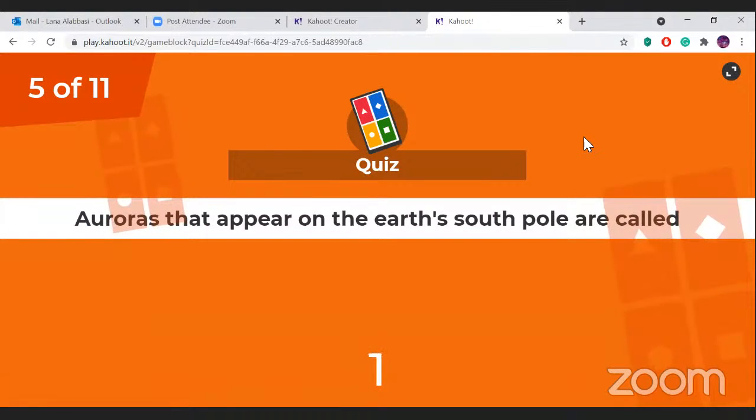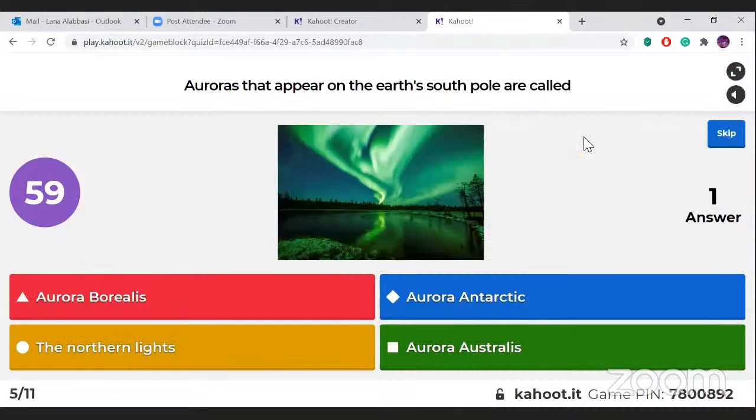The next question. Auroras that appear on the Earth's south pole are called aurora borealis, aurora antarctic, northern lights, or aurora australis. Please click on the right answer.